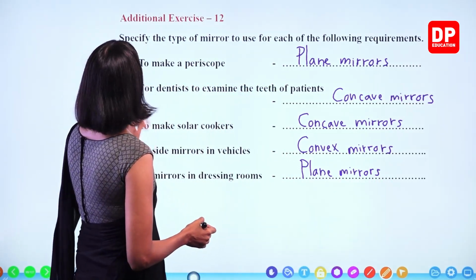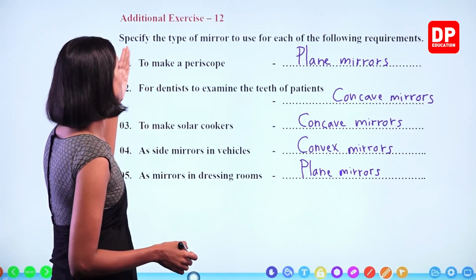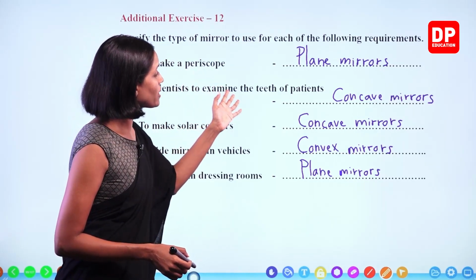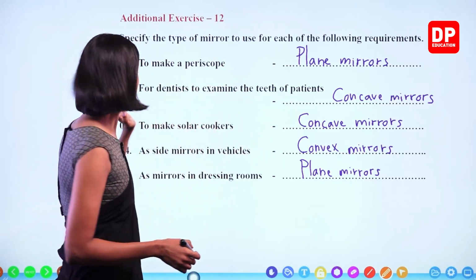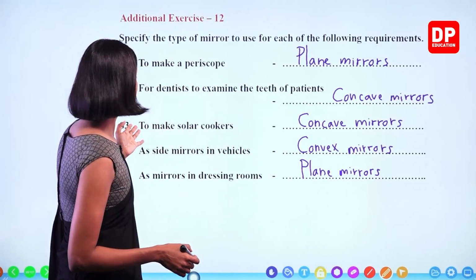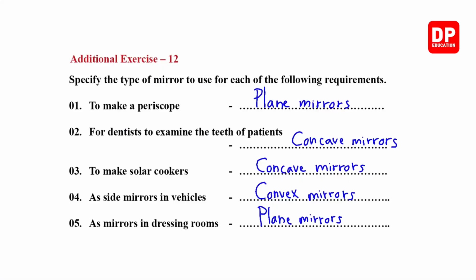Right? Specify the type of mirror used for each of the following requirements. To make a periscope, plane mirrors. For dentists to examine the teeth of patients, concave mirrors. To make solar cookers, concave mirrors again. As side mirrors in vehicles, convex mirrors. As mirrors in dressing rooms, plane mirrors. We'll move on to the next.